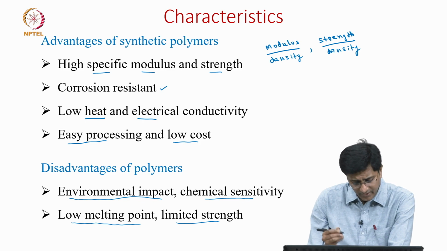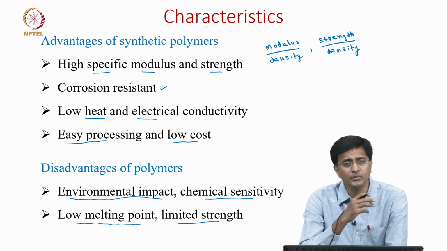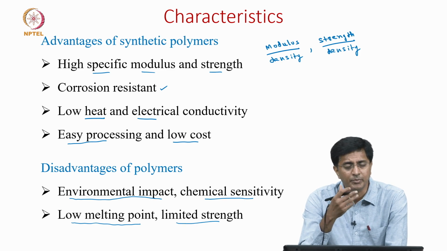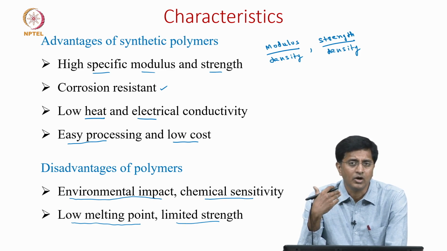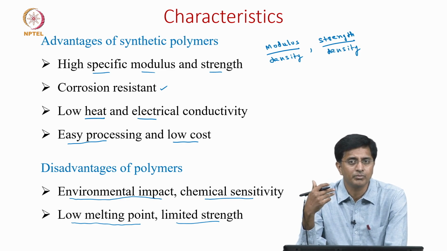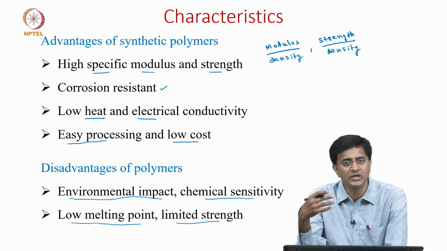And finally, the strength of the polymers is less compared to metals. So, depending on the application, and sometimes not all applications are primary structures. Primary structures means the load bearing structures. Some of them are secondary structures, meaning they are there not to bear the loads, but mostly for functionality purpose.